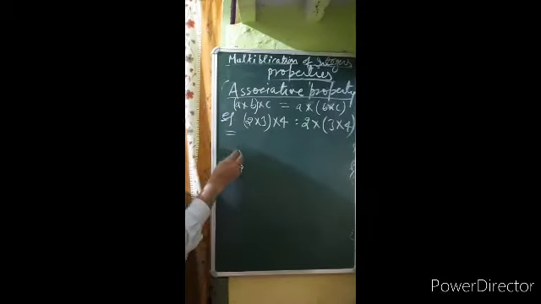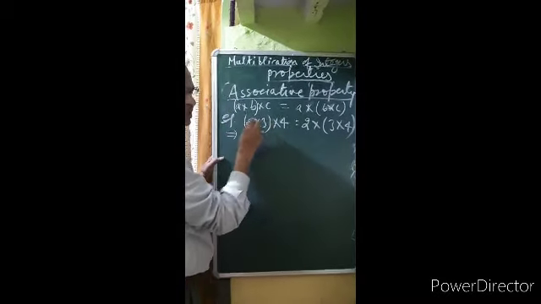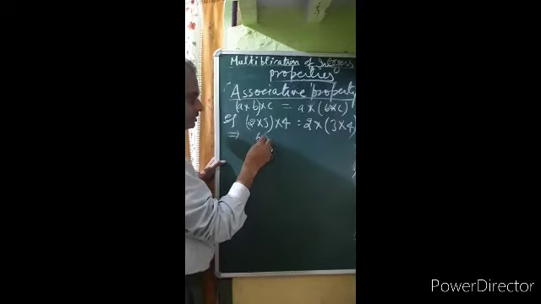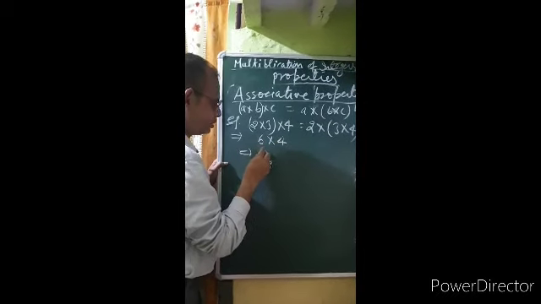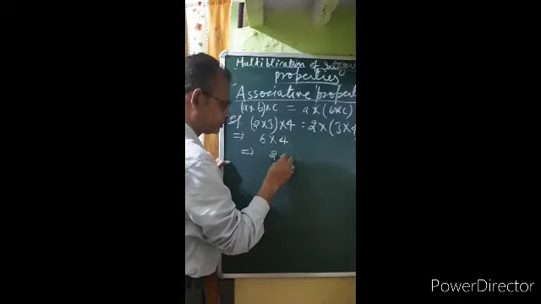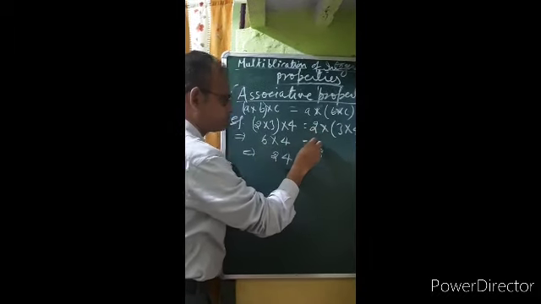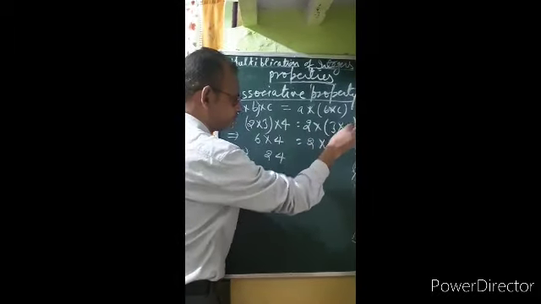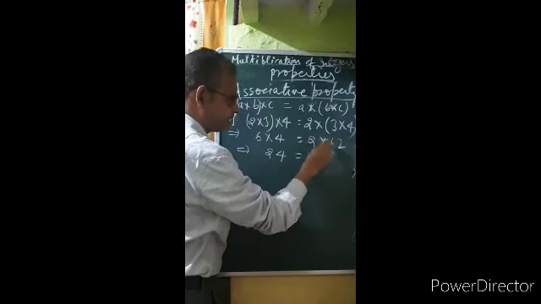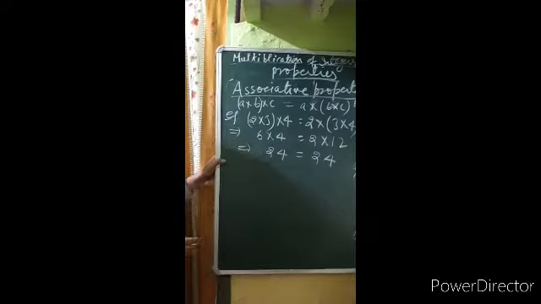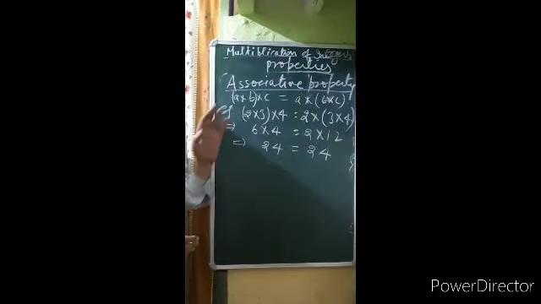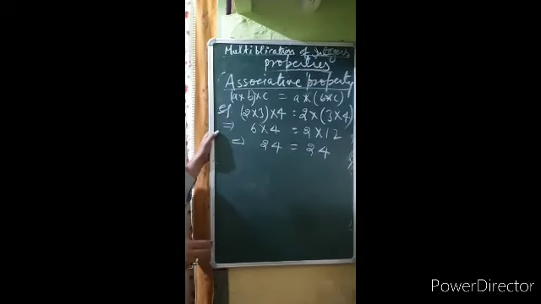Let us see if the answer is the same or not. 2 threes are 6, 6 fours are 24. So on this side we got 24. Here, 2 multiplied by 3 fours, which are 12. So again 12 twos are 24. So this shows that the associative property is true in the case of multiplication of integers.